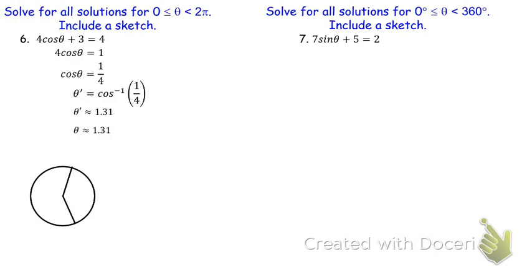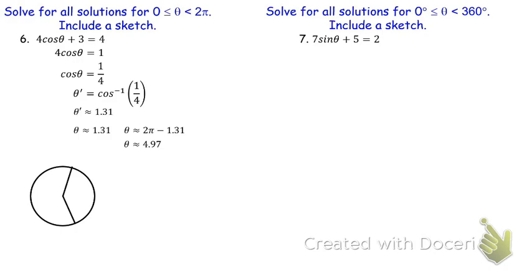So for the other solution, we're going to say that theta is 2 pi minus 1.31 radians. So taking our calculator, typing in 2 pi minus, and instead of doing 1.31, I'll just recall the answer to be a little bit more exact, and I'll find out it's about 4.97 radians. So both theta is at 1.31 radians and 4.97 radians. Both are solutions to this equation.